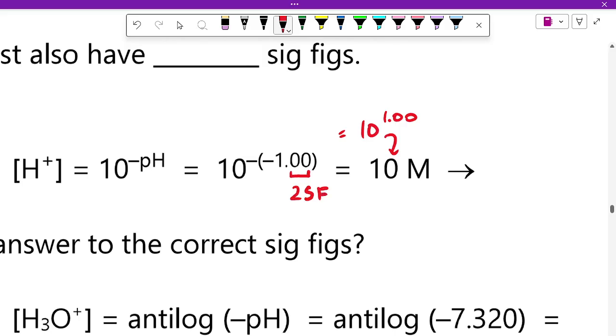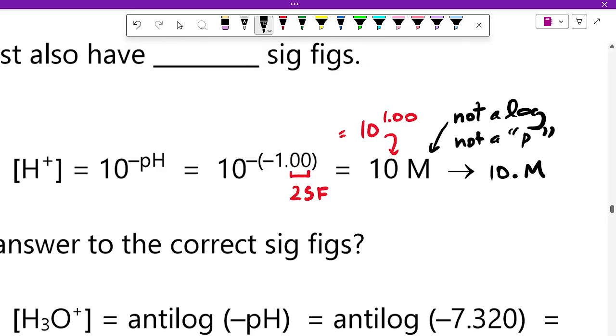How do we give 10 2 sig figs? No, because this is molarity, not a log, not a p. 10 has 1 sig fig. 10 with a dot has 2 sig figs. Or you could write it as 1.0 times 10 to the 1. 2 sig figs.